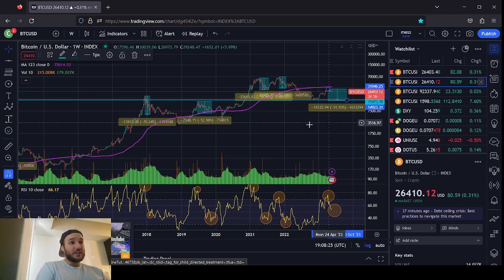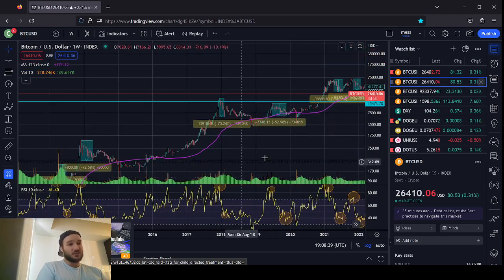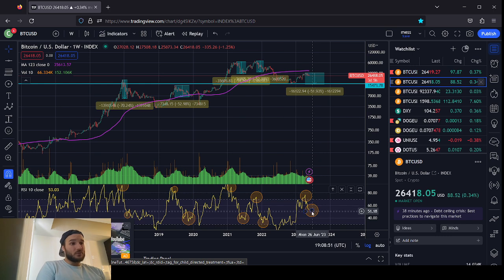Nothing's a guarantee, even though we have a 100% success rate of this happening throughout 12 years of existence on this chart. Even though we have that with 7 iterations, this could be the first iteration where it doesn't drop more than 20%. It doesn't drop more than 30%. If you watched my last video, you would see why there's a lot of other bearish things brewing in the markets right now, and I definitely think that this is a possible drop. But anything can happen. We don't have to go below this 50 on the RSI.